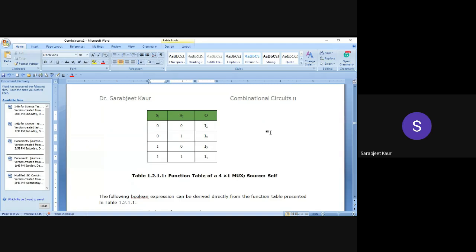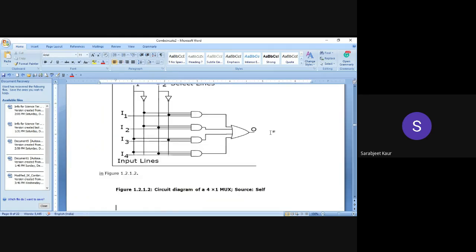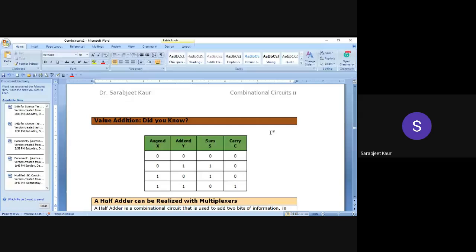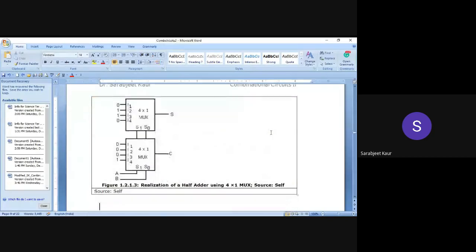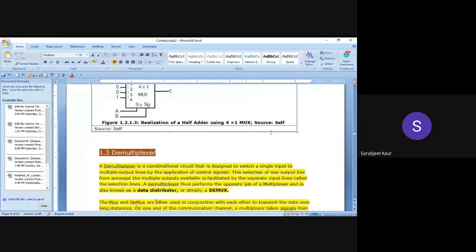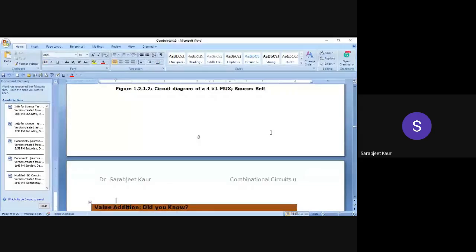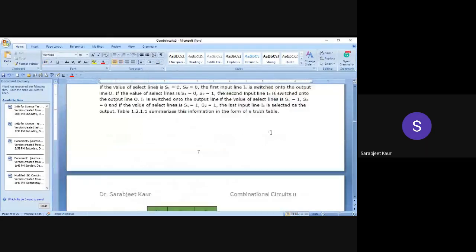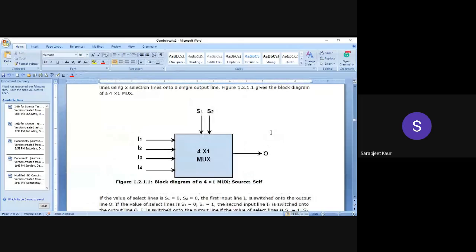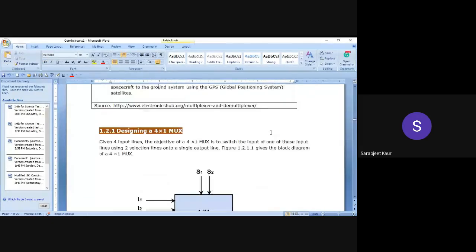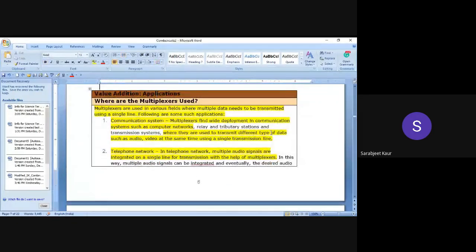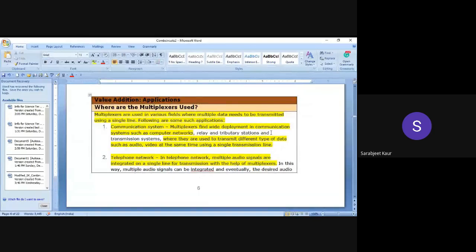Okay, so I'll stop here for the day, because if I start the next topic, we will not be able to complete it, and the discussion would be futile. So next time I'll discuss a quadruple multiplexer with you, from the book itself.